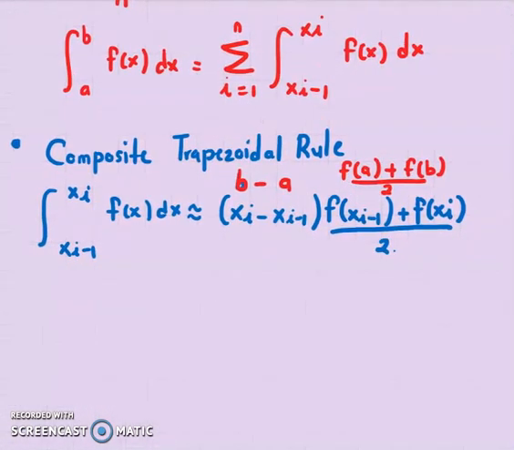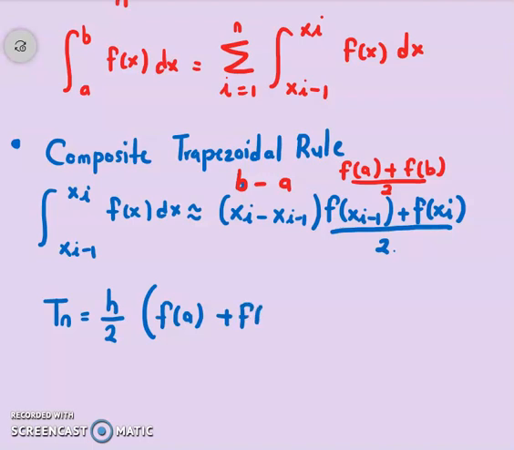we can write this as Tn equals h over 2 times f(a) plus f(b) plus 2 times the summation i equals 1 to n minus 1 of f(xi).